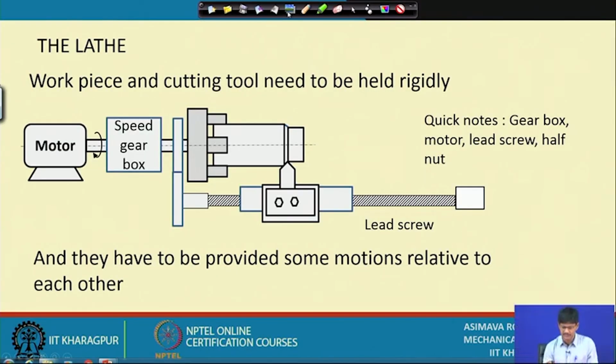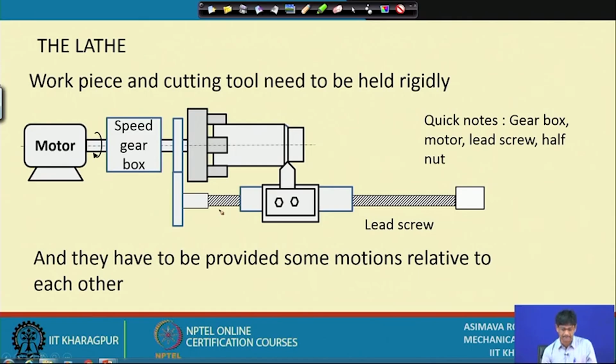Now, what is this lead screw doing here? Does it pertain to feed? The lead screw is generally used for thread cutting, and we have yet another such shaft parallel to the lead screw, which is used for longitudinal feed. So, we are making a difference between lead screw and feed rod for obtaining different types of motion of the cutting tool.